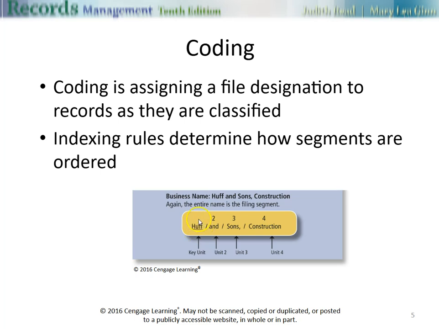So here we can code this by underlining the key unit, and then between each unit, so between Huff and Sons construction, we put a forward slash. This just helps separate each unit. And then we also label the units by putting a 2 over the second unit, a 3 over the third unit, and a 4 over the fourth unit. Notice that every time you have a key unit, you only underline it. We do not put a number 1 over that.